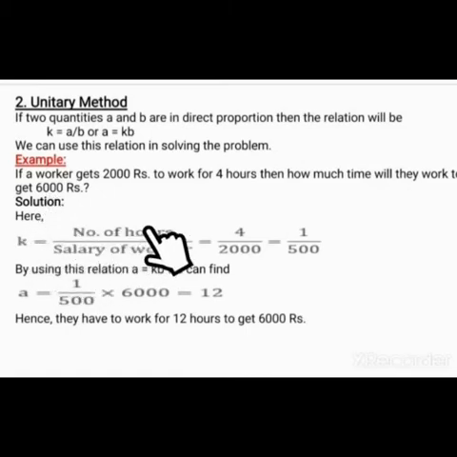Here K equals the number of hours divided by the salary of the worker. It means 4 divided by 2000, so the answer is 1 upon 500. Now by using the relation A equals KB, we find A equals 1 by 500 multiplied by 6000 equals 12. Hence they have to work for 12 hours to get rupees 6000.